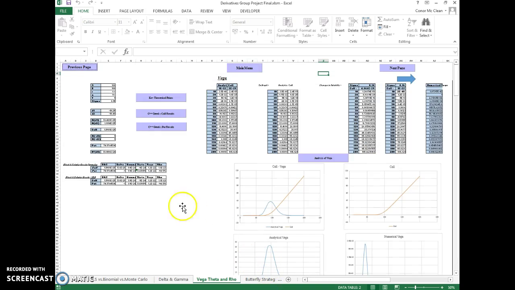Following on from that, we have the vega, the theta, and the rho. These are calculated analytically. The vega first of all.